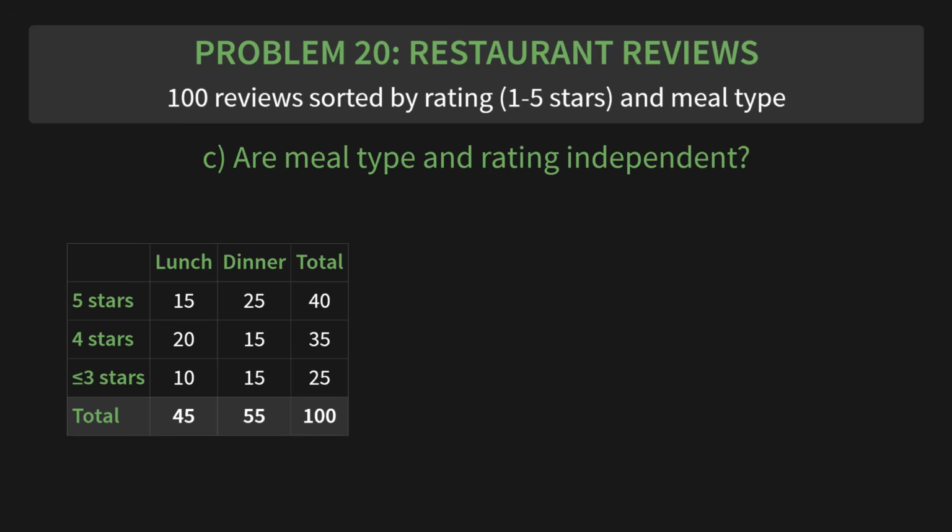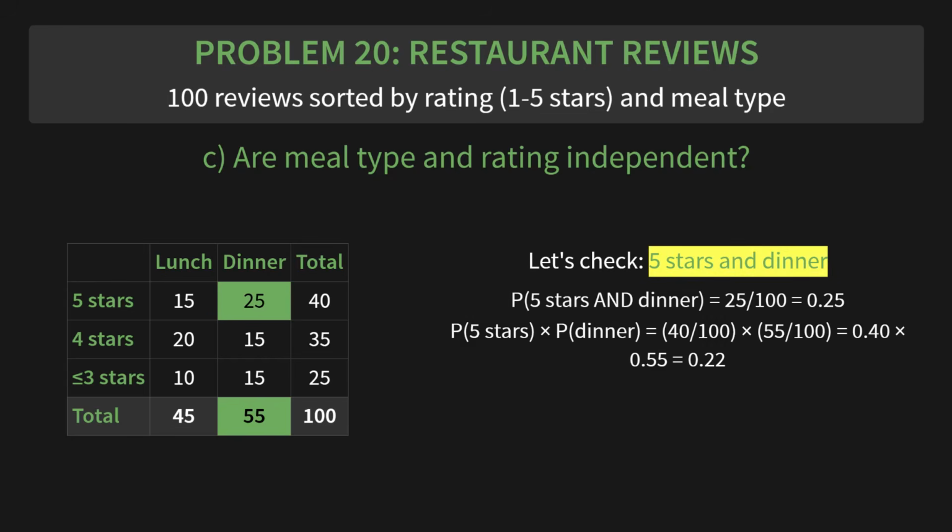Final question, and this one ties everything together. Are meal type and rating independent? Remember, for independence, the probability of both events must equal the product of their individual probabilities. Let's test it. The probability of 5 stars and dinner, 25 out of 100. That's 25%.